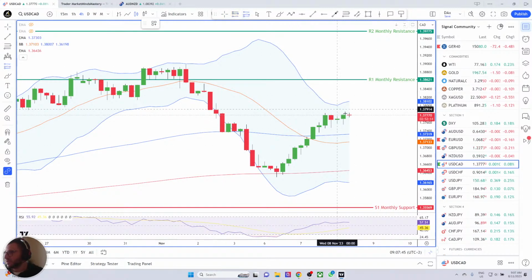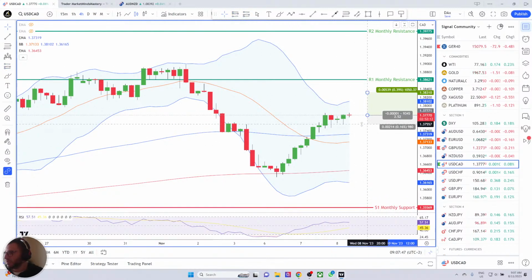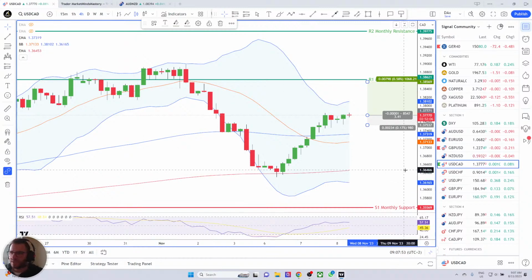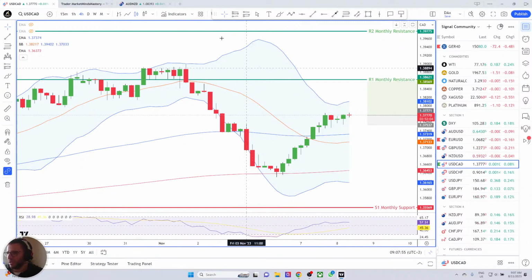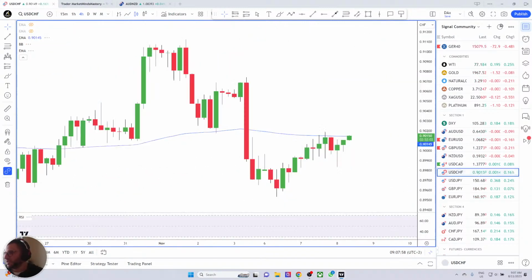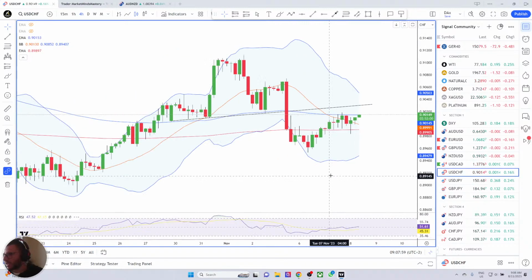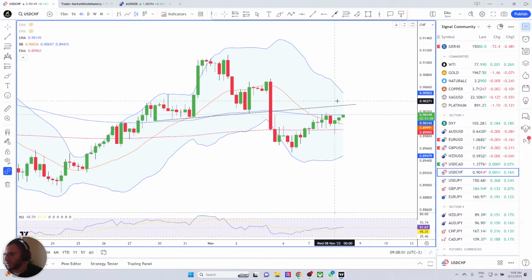So that's how we're going to play it today. And again, sometimes the trade may appear on the 4-hour chart, sometimes it may appear on the 15-minute chart. So it just depends if you have a catalyst to take trades.